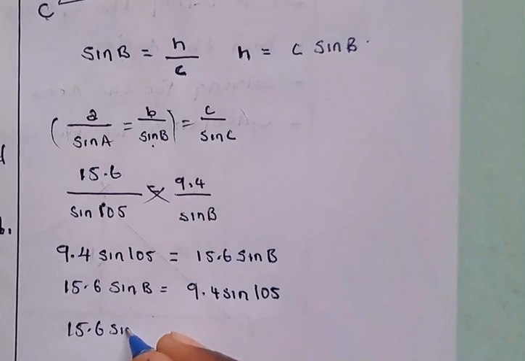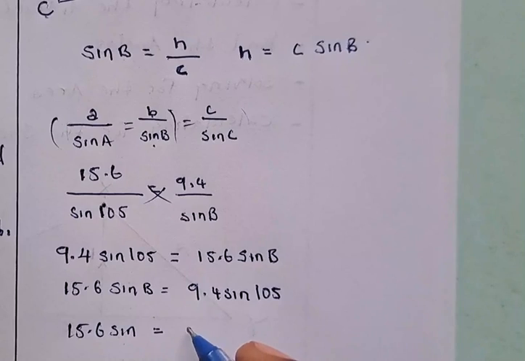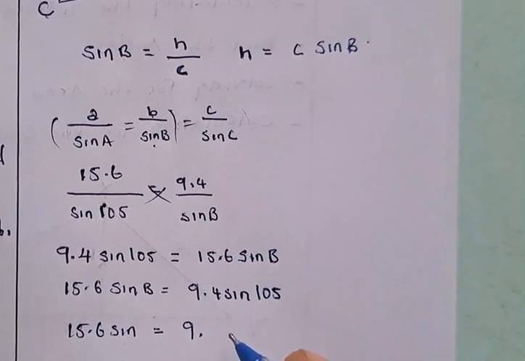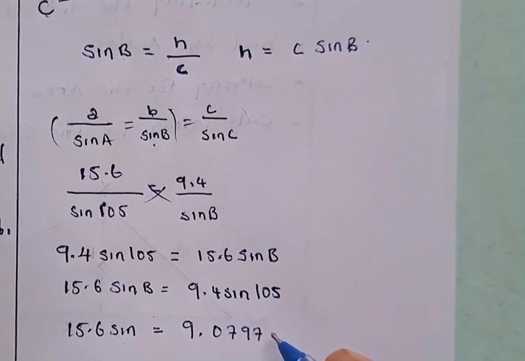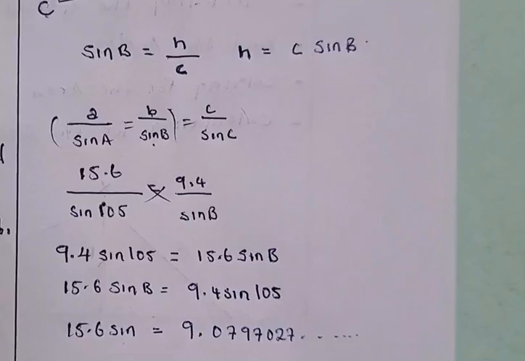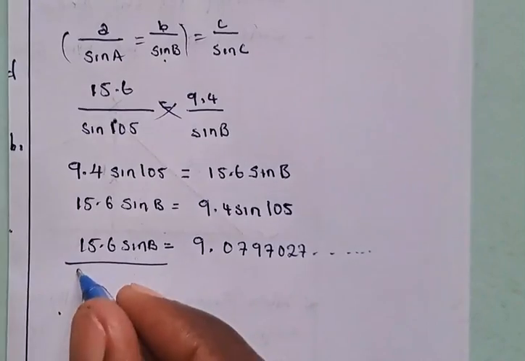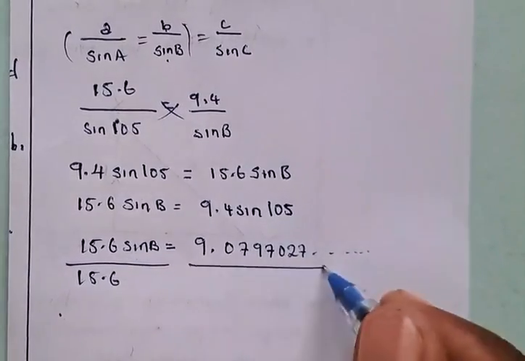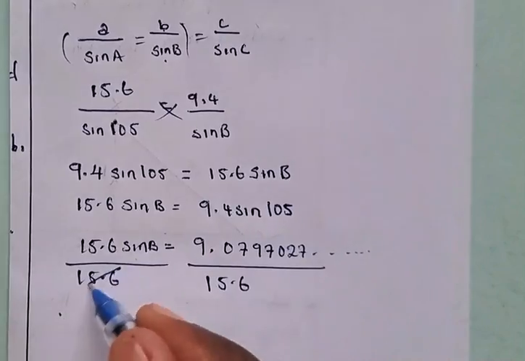Okay, all right, so we have 15.6 sine B is equal to, when we say 9.4 times sine 105, it will give you an answer like 0.797, that is 0.27. Okay, the numbers continue going on and on and on, and then from there, this is sine B, you just divide this side by 15.6, even here 15.6, so that this one cancels.